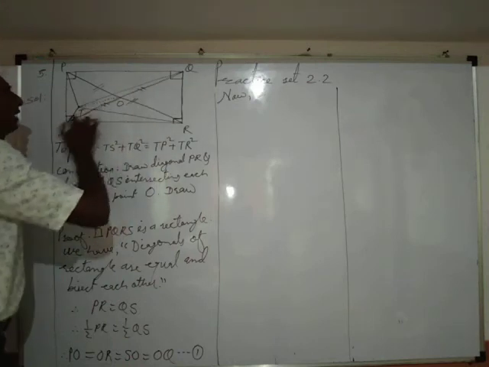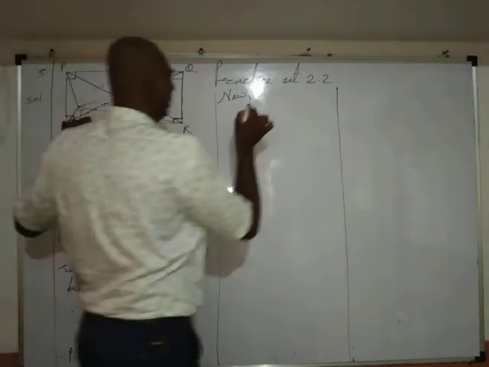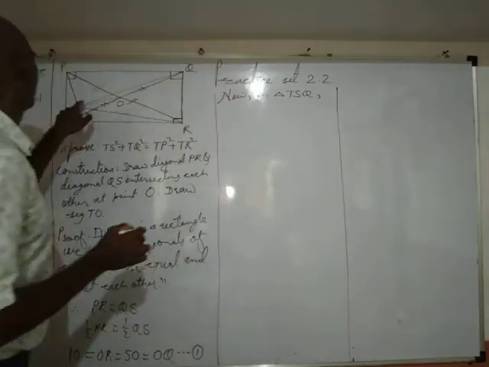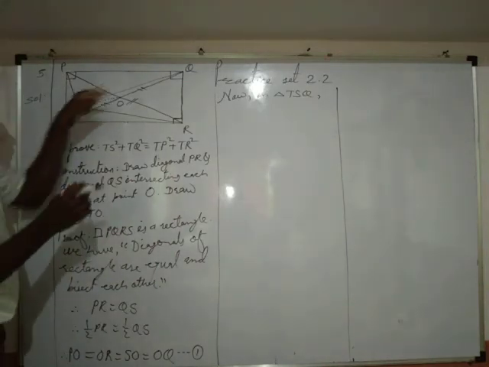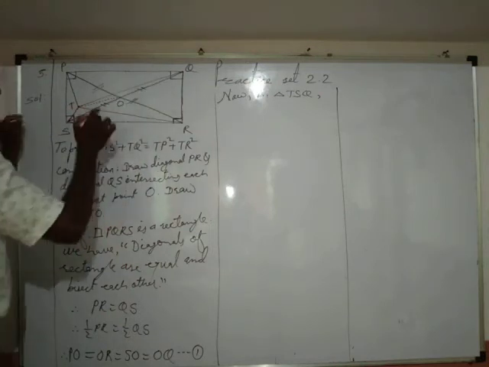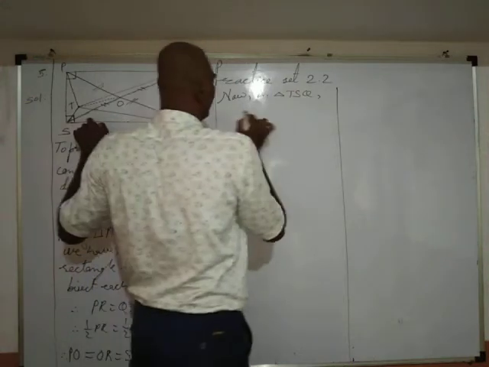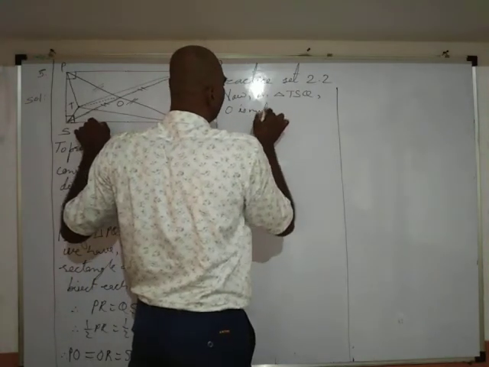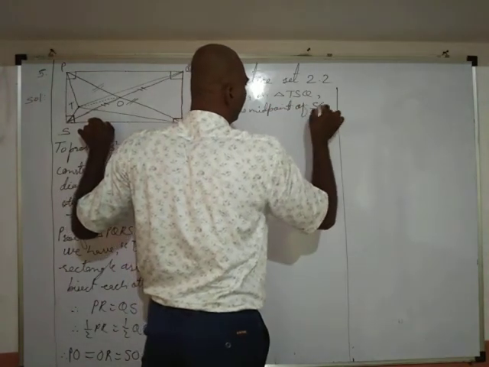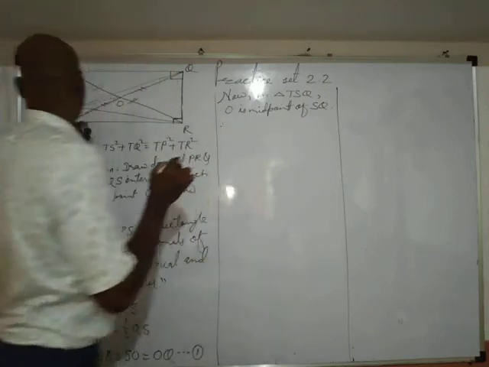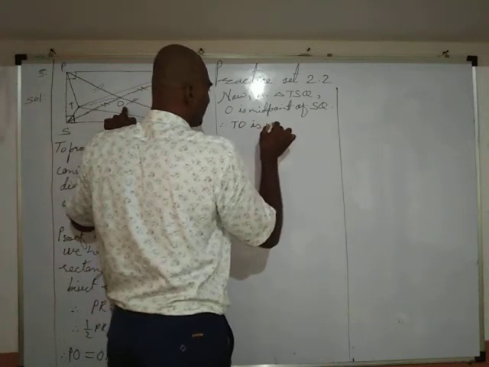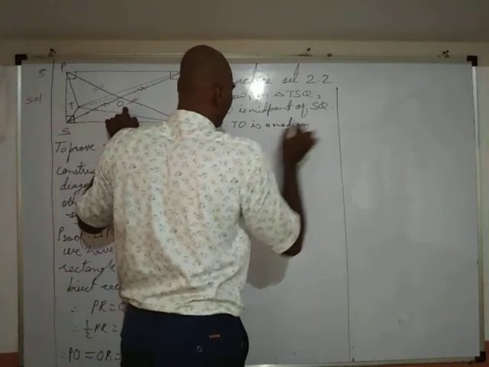Now in triangle TSQ, O is a midpoint of SQ, and therefore TO is a median.